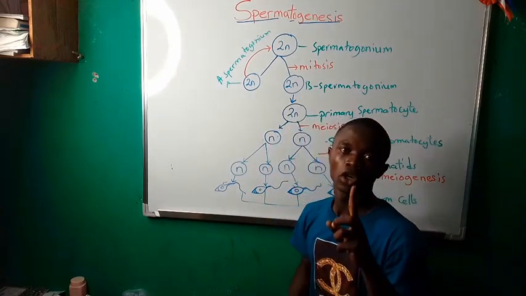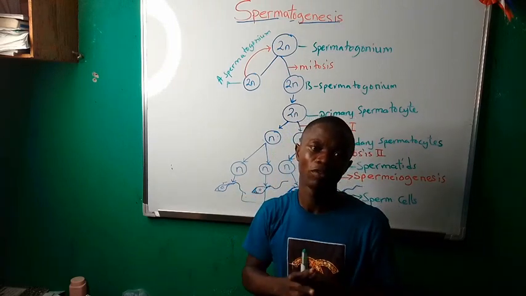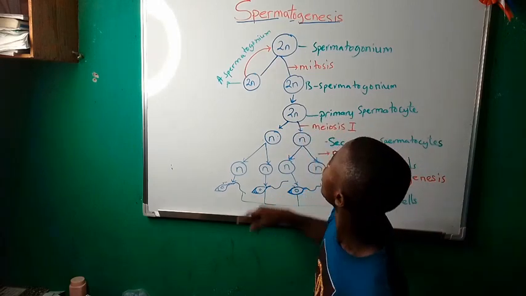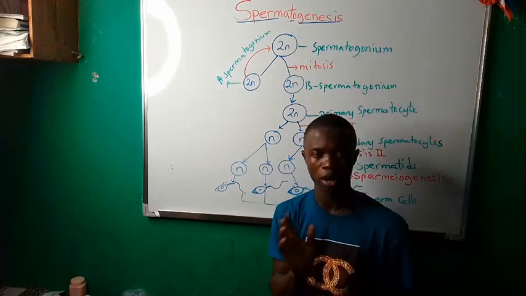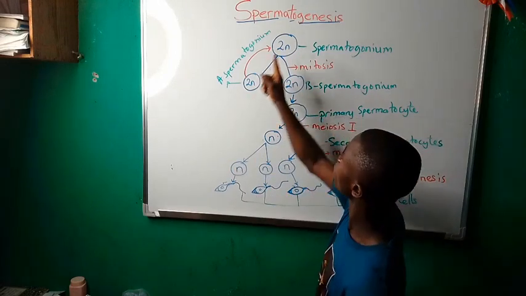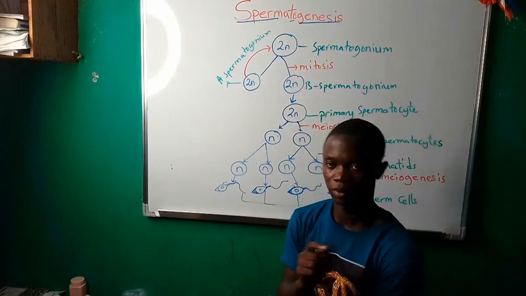Now, spermatogenesis occurs in the testes of every male. You cannot produce sperm if you don't have a precursor, and that precursor is a stem cell we call spermatogonium.